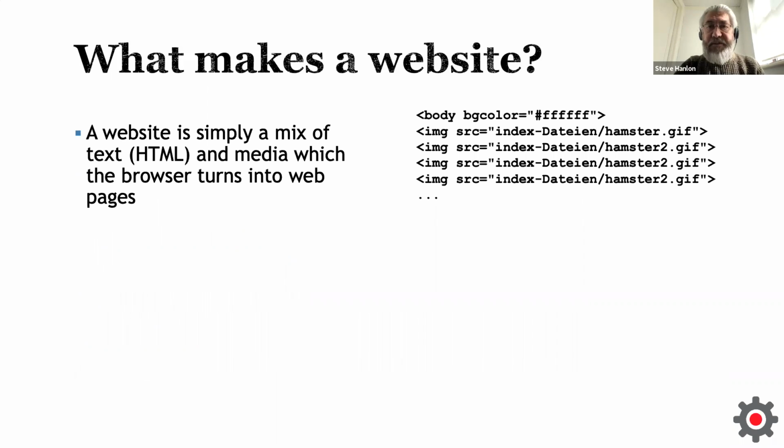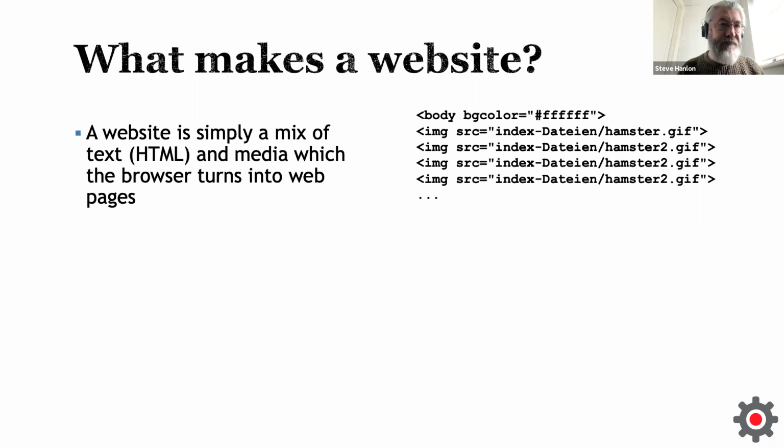And so really a website's just a bunch of HTML and a bunch of media that's sort of flung together and sent to your visitors, and it renders and shows web pages and gives them that interactive experience which you want to put across on the internet.